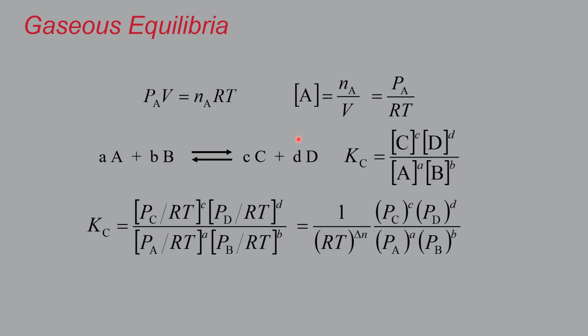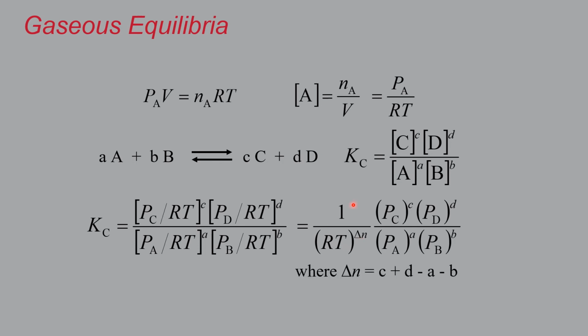Depending on the actual values of these coefficients, little a, b, c, and d, the power of this RT term will vary depending on the reaction stoichiometry.